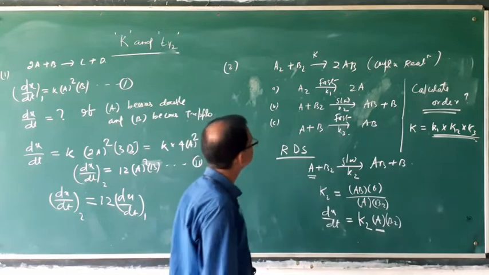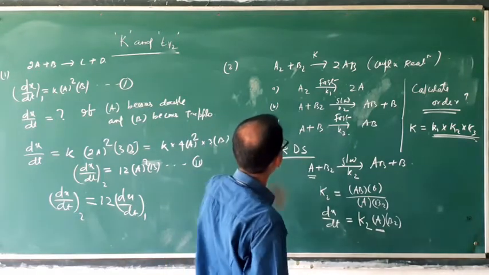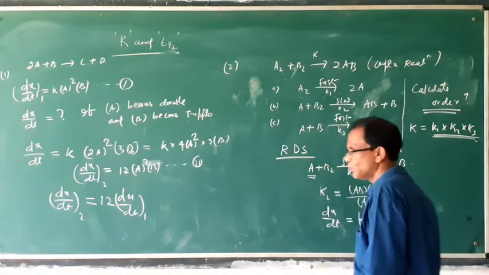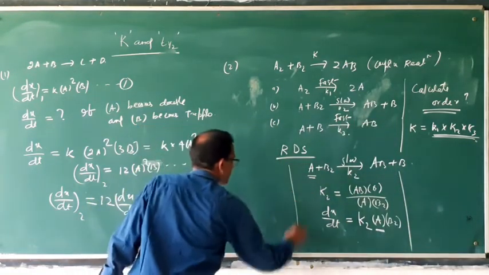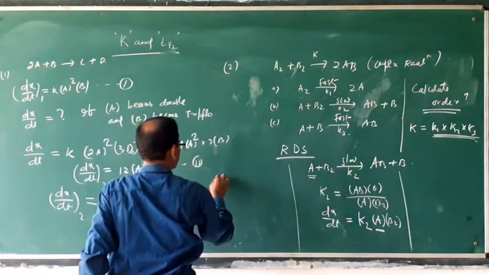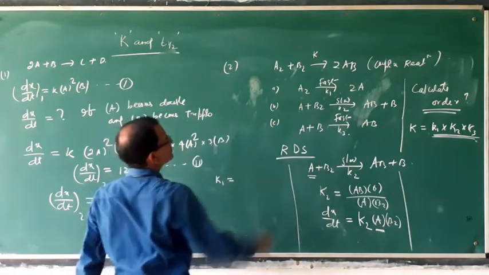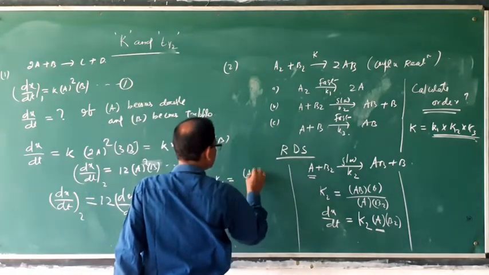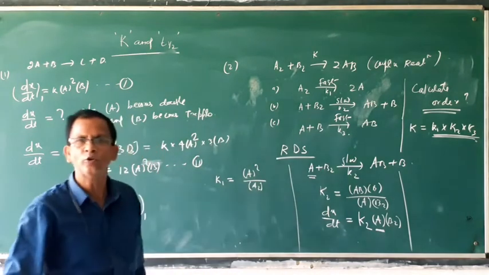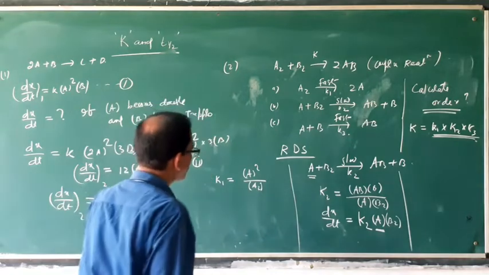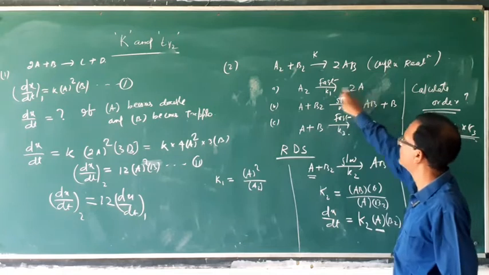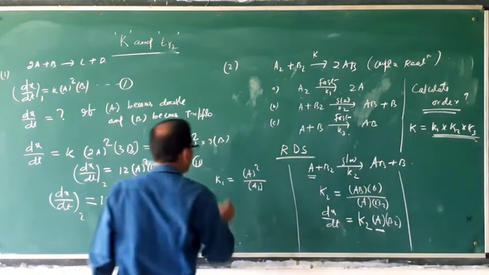So we will change A in terms of A2. You see the first step. What is the first step? The first step shows that K1 is equal to A square upon A2, as per the expression of equilibrium constant. So what is the value of A?